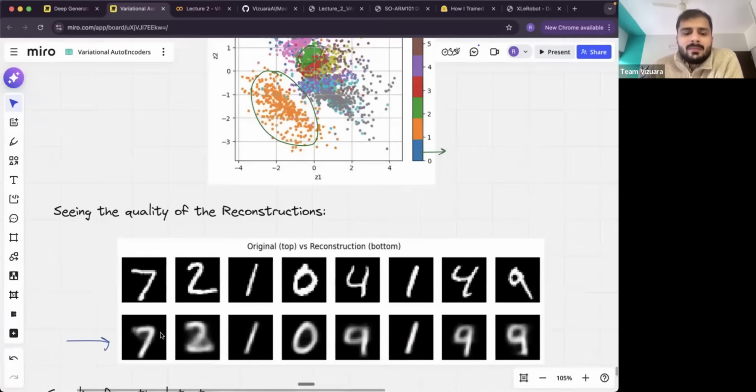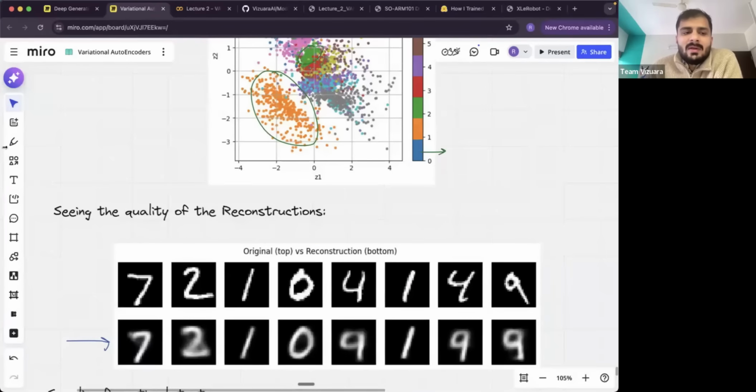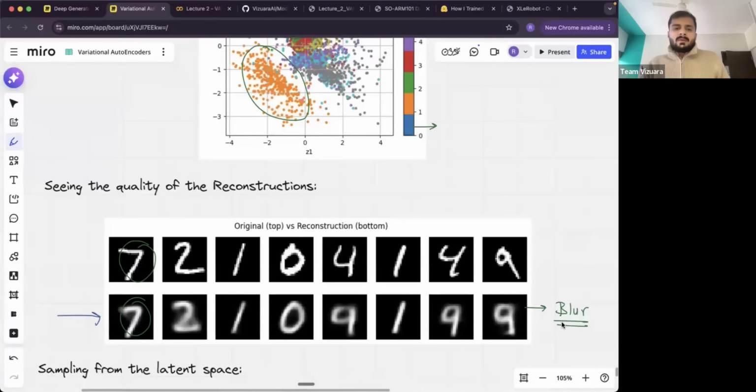So these are the types of reconstructions that you get. This is the original image and this is the reconstructed image. You can see that our variational autoencoder is able to construct the image, but it appears a little bit blurred. Blurred images are one of the key drawbacks of VAEs in practice.